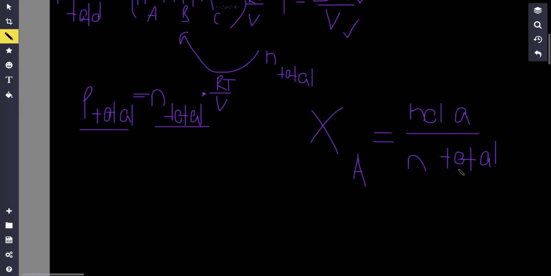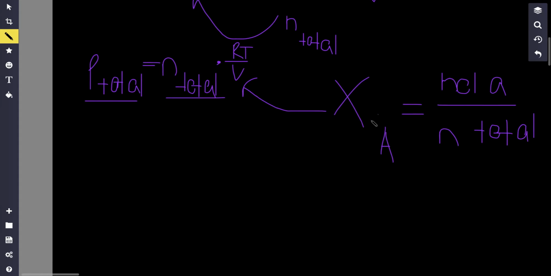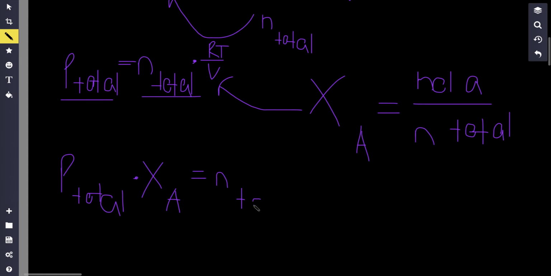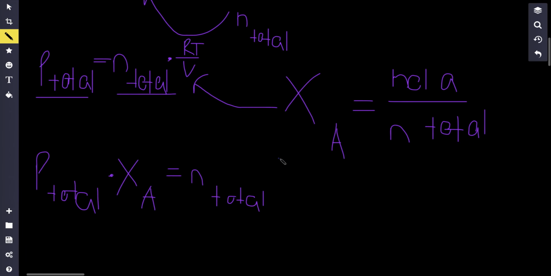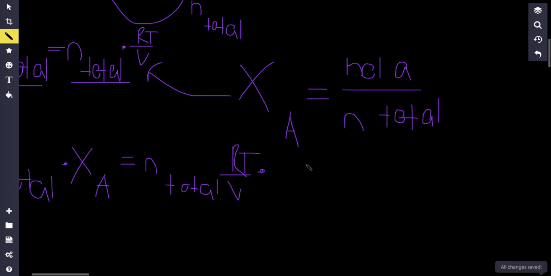So the total pressure multiplied by the mole fraction is equal to n total RT over V, multiplied by the mole fraction.